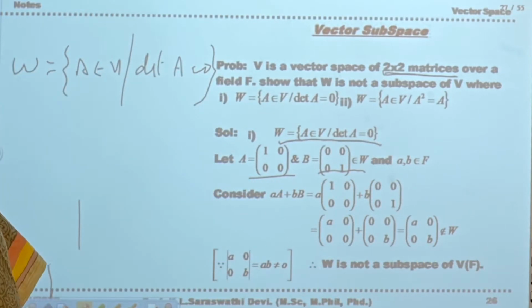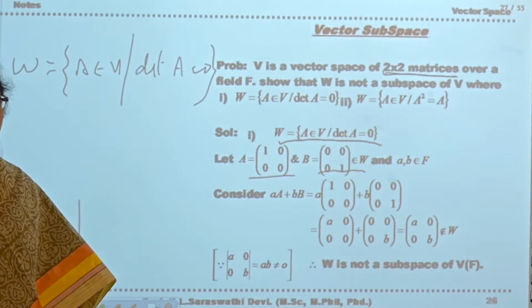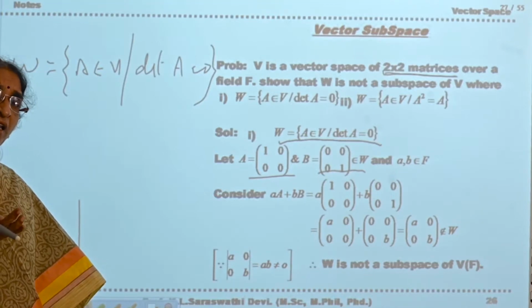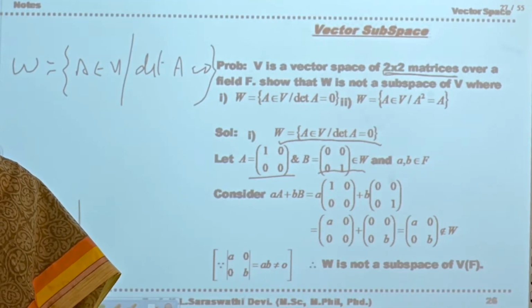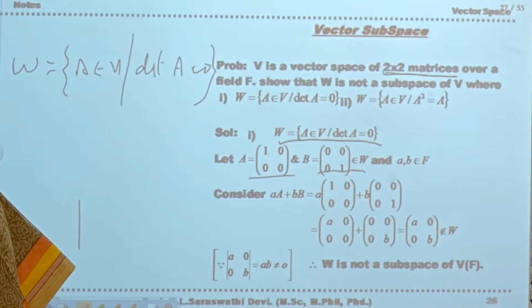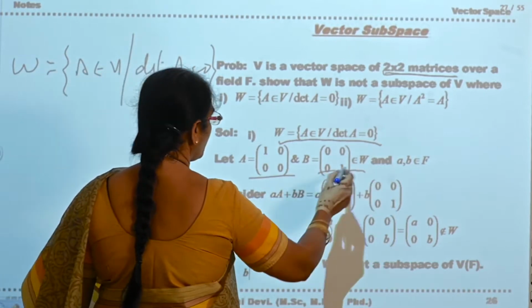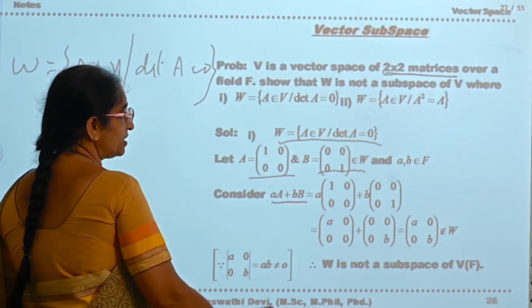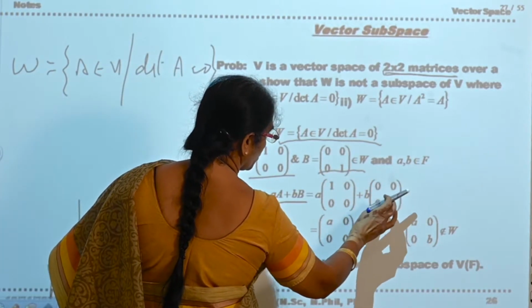Here also we are going to use the general form of the necessary and sufficient condition. What is it? For any alpha, beta belonging to W, there should exist a, b in F such that a alpha plus b beta belongs to W. Now consider a, b belonging to F, and a A plus b B if you take, that is a into [1, 0; 0, 0] plus b into [0, 0; 0, 1].